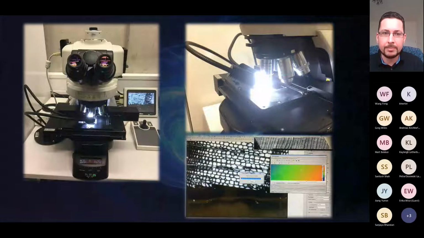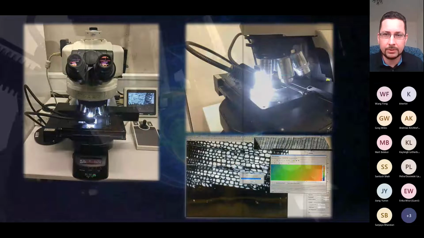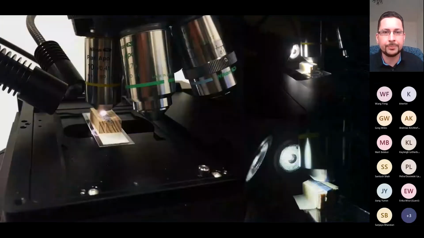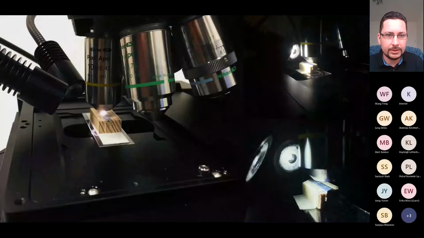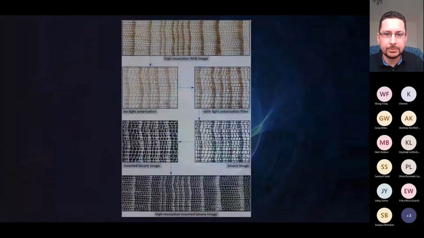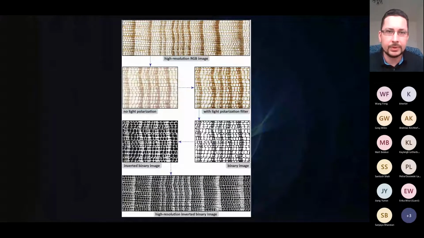We map the surface to avoid any big differences in height. It takes quite a while to get a large mosaic of images for a very high resolution representation of the surface. Here's an example, a little bit closer up. This takes a while, but the images are really quite nice.